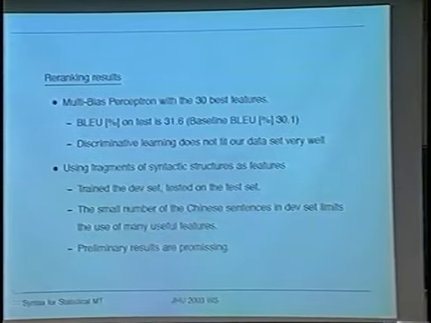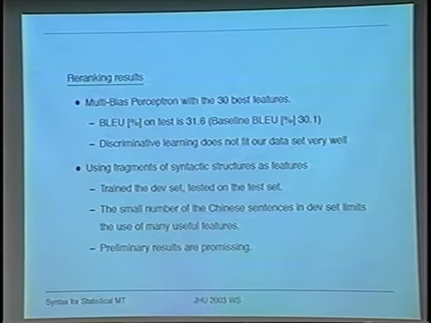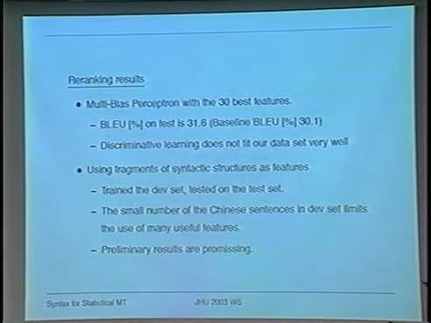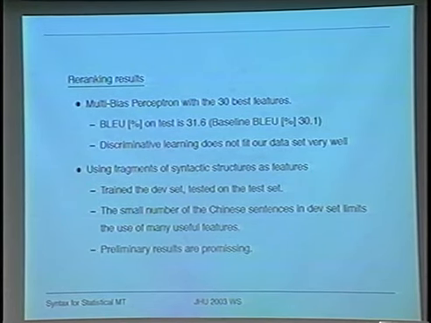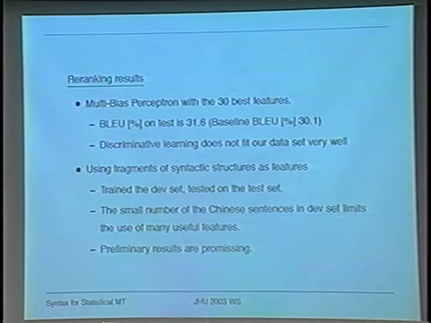Now we have two sets of experiments. One is to use the features that we have developed in the workshop, and actually we use the 30 best features that we have developed. The baseline at the beginning of the workshop is 30, and we get a score of 31.6 with the perceptron, and this is really not a good result.